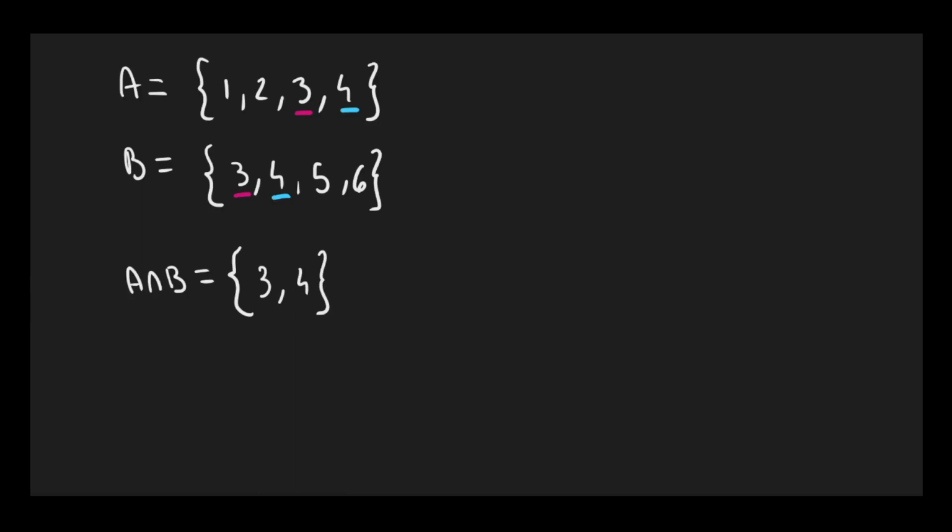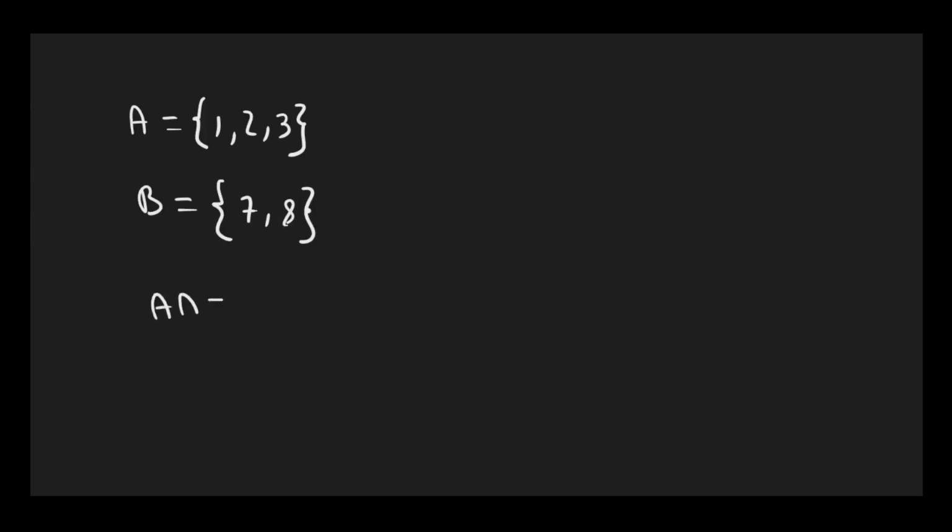Let's try another one. Let's say we have A, which is 1, 2, and 3. And let's say we have B, which is 7, 8. What do you think A intersection B is going to be in this case?